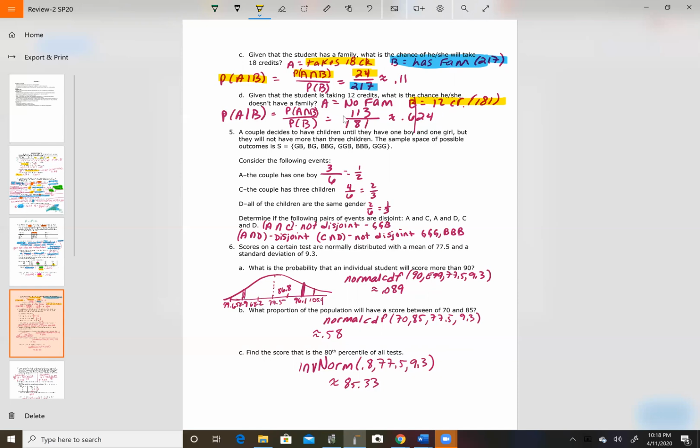So 181 is our denominator, and the probability of A and B becomes the numerator, which is 113. 113 are all of those students who are taking 12 credit hours and don't have a family, right? And so if we're choosing out of those people taking 12 credit hours, there's a 62.4% chance that they're not going to have a family.